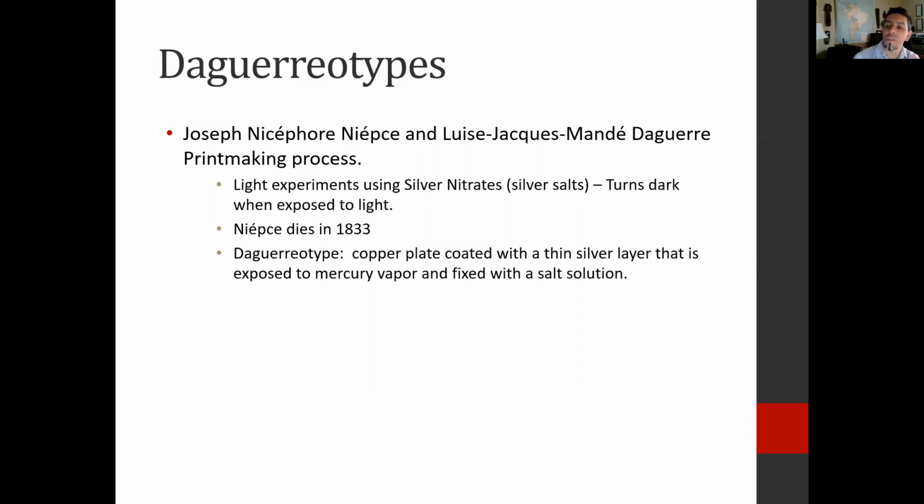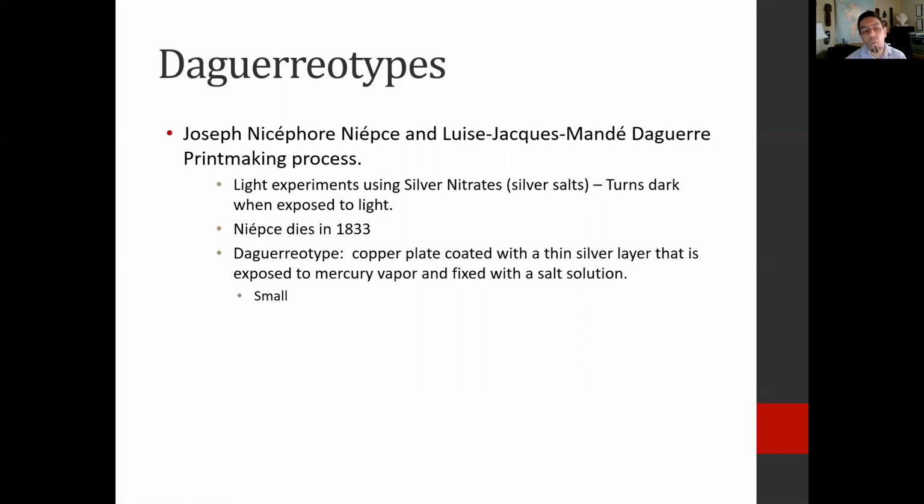Instead, he took the full credit by putting his last name as the name of the process. So it's daguerreotypes. A daguerreotype is a copper plate that's coated with a thin silver layer. Then it's exposed to mercury vapor, which is even much more toxic and corrosive than the iodine one. And it's then fixed with a salt solution, right? Which is, here's your salt nitrate.